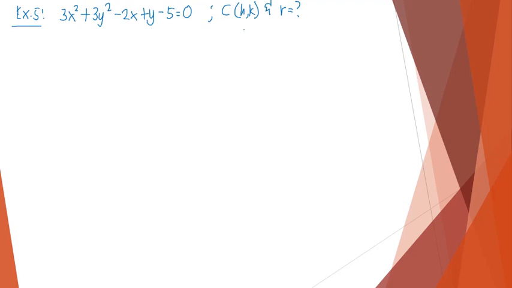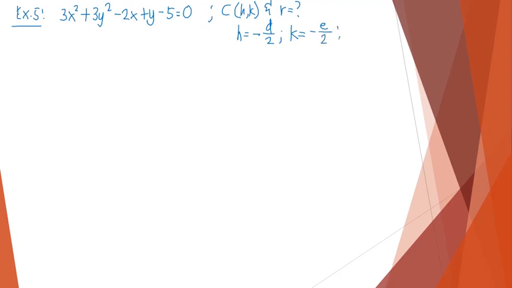So h is equal to negative d over 2 for the x coordinate, then k is equal to negative e over 2.